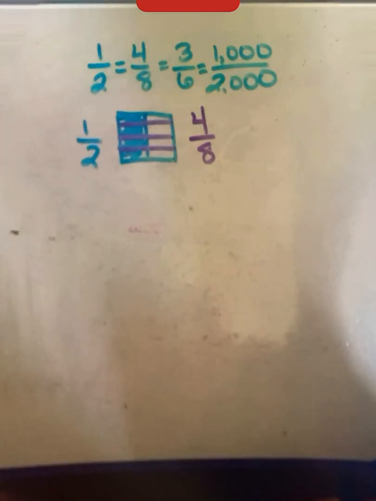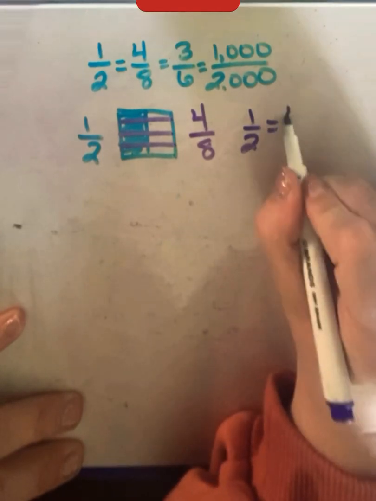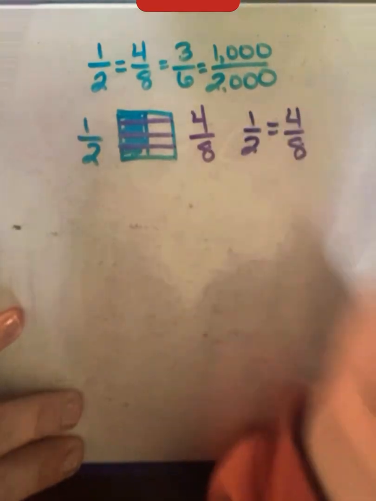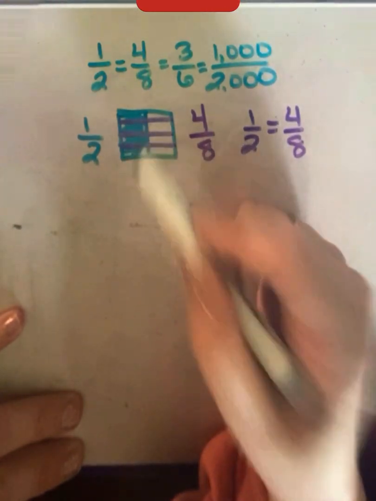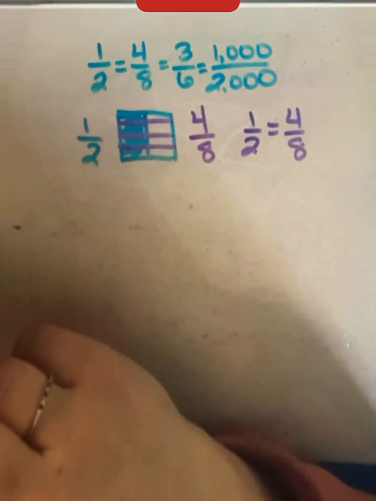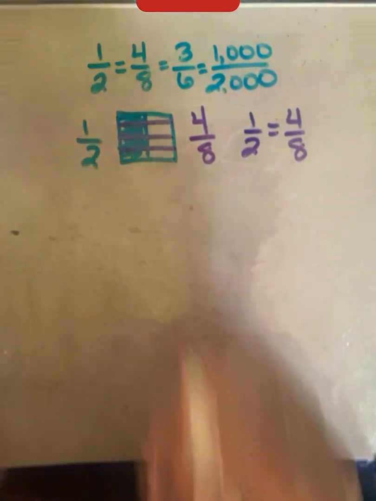I didn't change anything, which means 1/2 is equal to 4/8. Now I'm not going to draw 1,000/2,000, but if you broke this whole into 2,000 little pieces, I can tell you there'd still be 1,000 of them shaded in. So drawing models can help us find different fractions.